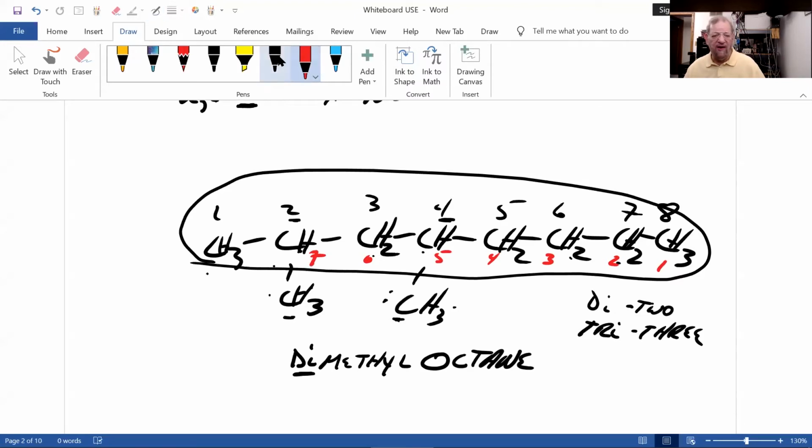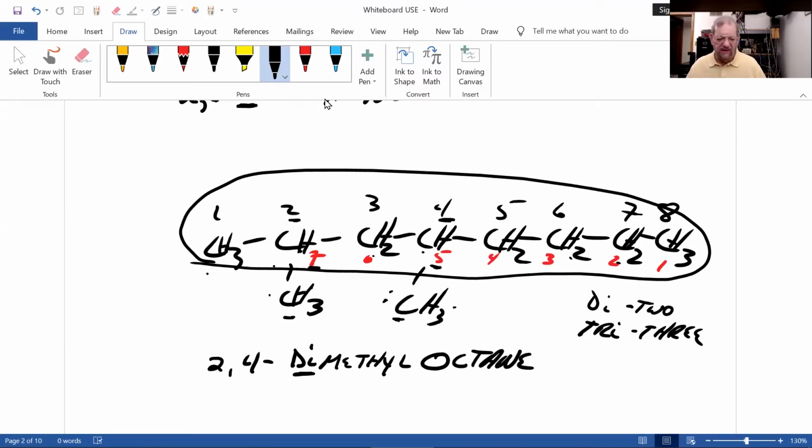So one way would be 2 and 4. The other way would be 5 and 7. Use your high-level math skills, which is the lower numbers, and hopefully I'll pick 2 and 4. So this would be 2,4-dimethyl octane.